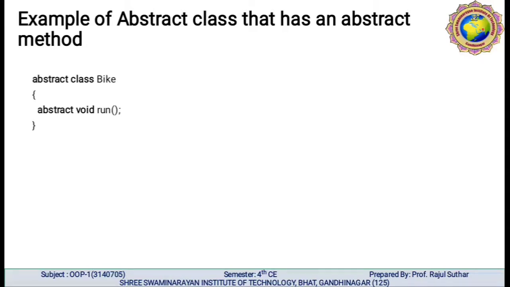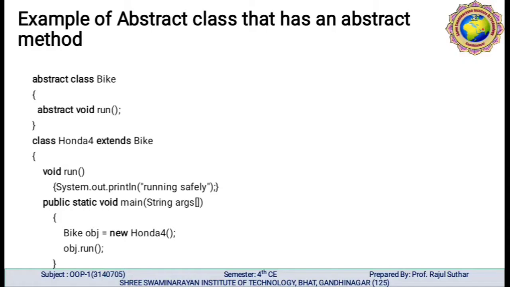Here, let me discuss one example of an abstract class that has an abstract method. The abstract class is Bike, and the name of the method is abstract void run. Here, class Honda4 is a class that extends the Bike class.